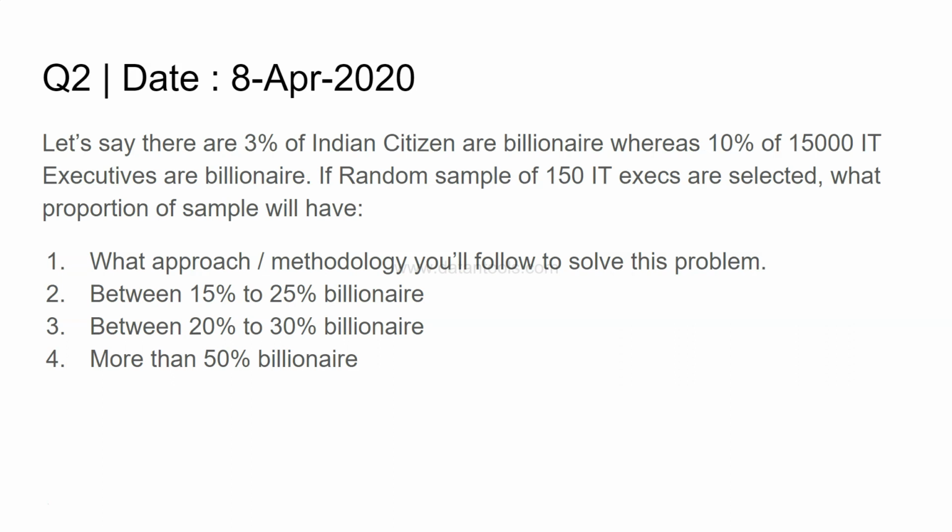This type of question, if you try to recollect, if you are keen on reading newspapers, is the sort of analysis they do, and that's what you call real data journalism, by looking in depth into the data and then providing insights. So, more than 50%: what proportion of the sample will have more than 50% billionaires?